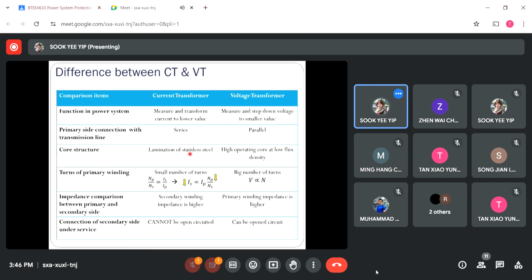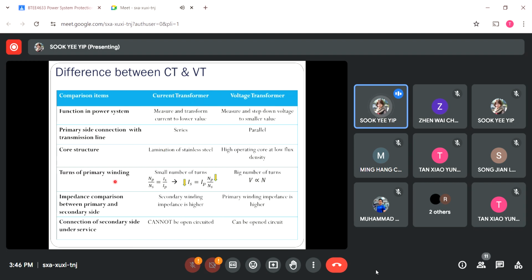So that is the construction of the core for the current transformer. How about the voltage transformer? It will be built with a high quality core operating at low flux densities, so that we can prevent the core of the voltage transformer from turning into saturation. So that is in terms of core structures.